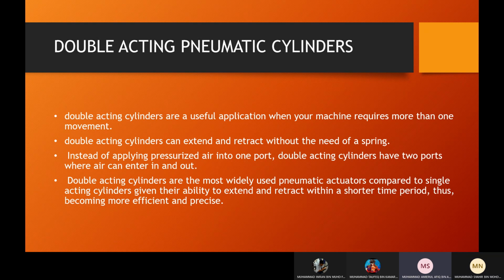Instead of applying pressurized air into one port, the double acting cylinder has two ports where air can either enter in and out. So double acting cylinders are the most widely used pneumatic actuator compared to single acting cylinders, given the ability to extend and retract within a shorter time period, thus becoming more efficient and precise than a single acting pneumatic cylinder.